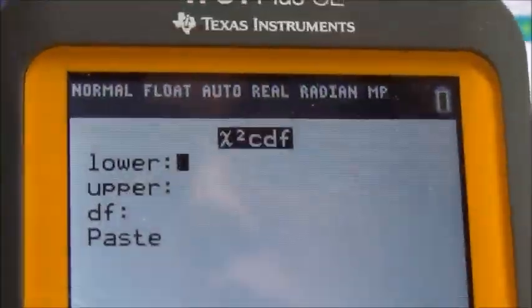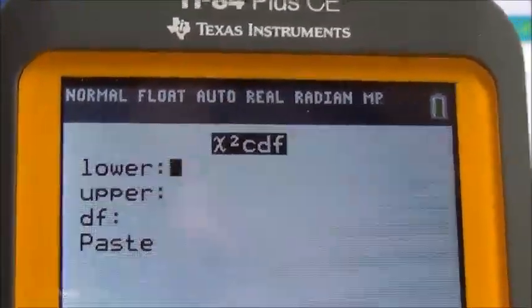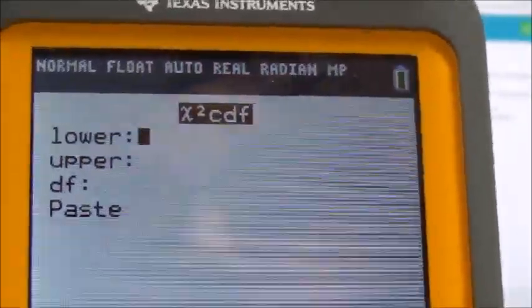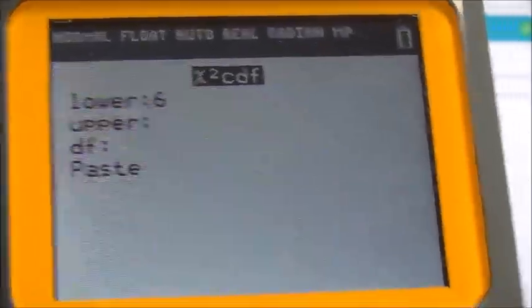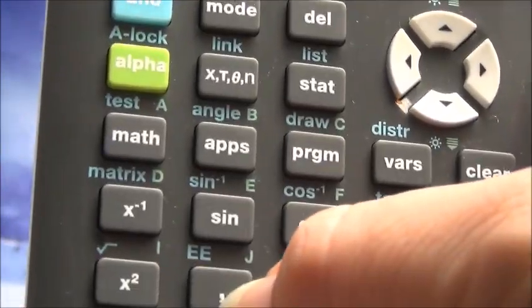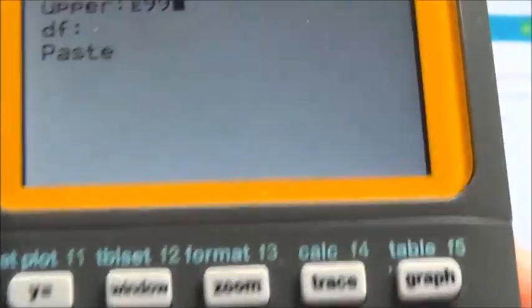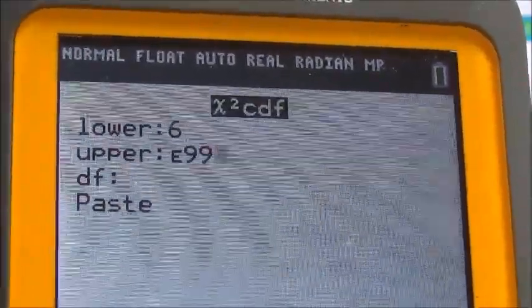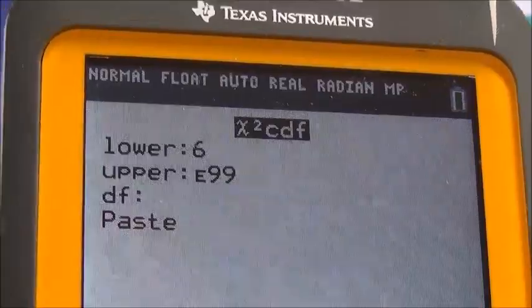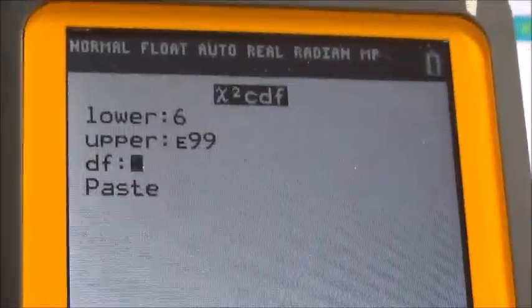So on this first one, it says we want to find the area to the right of chi-squared. So if I'm doing the area to the right, my lower limit is going to be the 6. My upper limit is going to be my positive infinity. So second function, the comma to get the E, 99. So I'm going from 6 to positive infinity. My degree of freedom on this one says I am going to do a degree of freedom of 4.